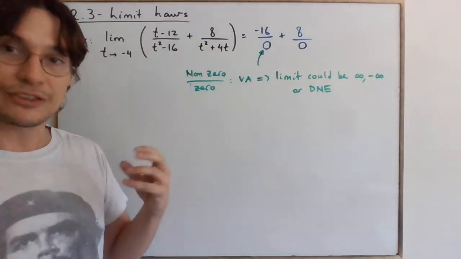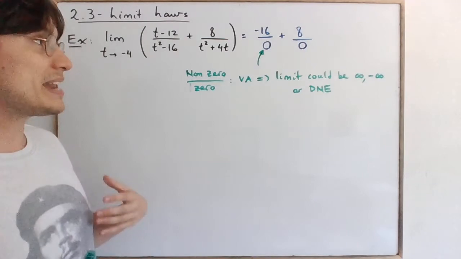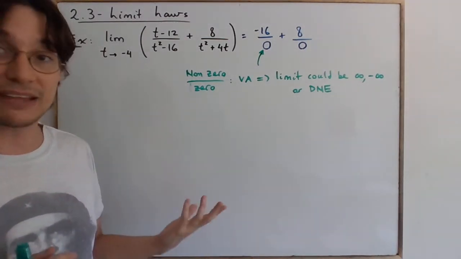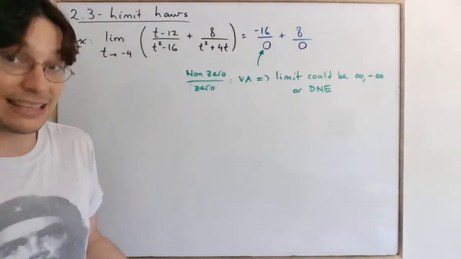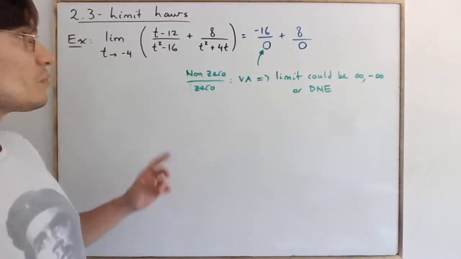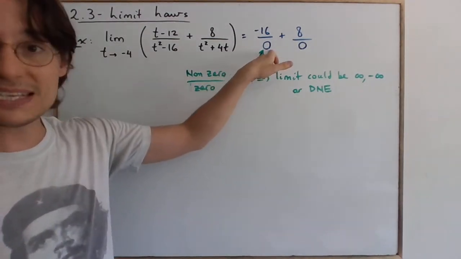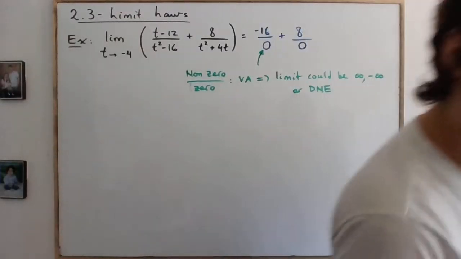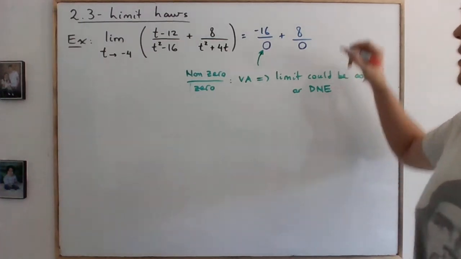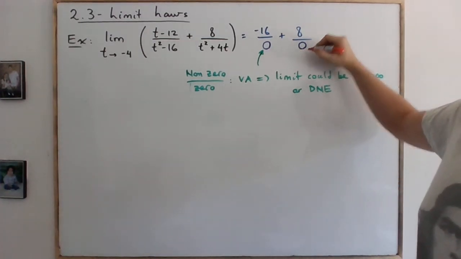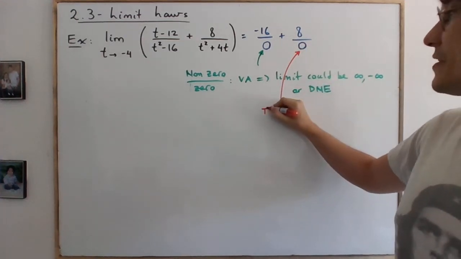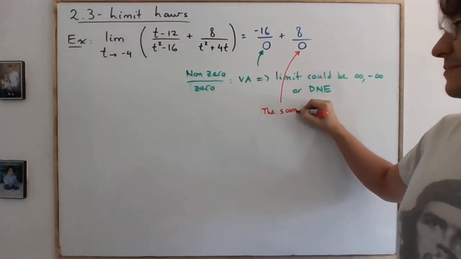And since the behavior is not the same, we cannot even say that the limit goes to infinity or negative infinity. The best we can say is that it doesn't exist. Now this is true for this part, but it's also true for that part as well. So the same goes for this.